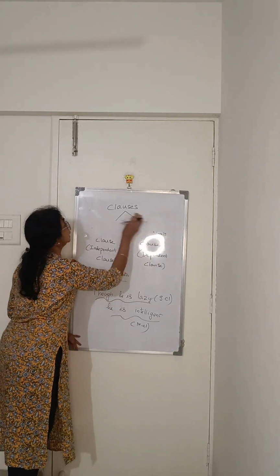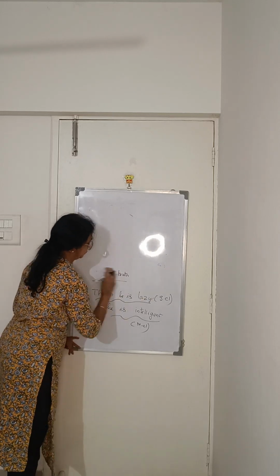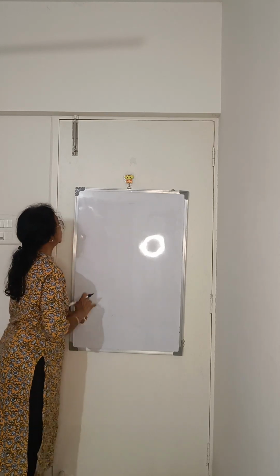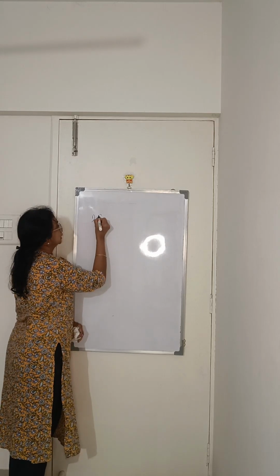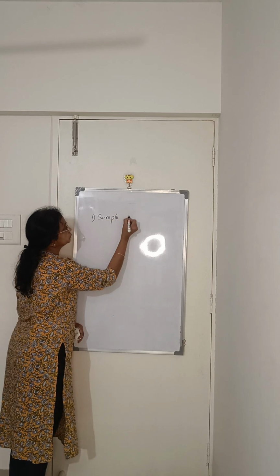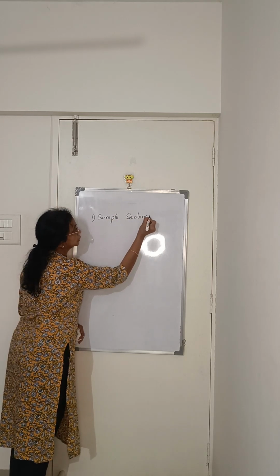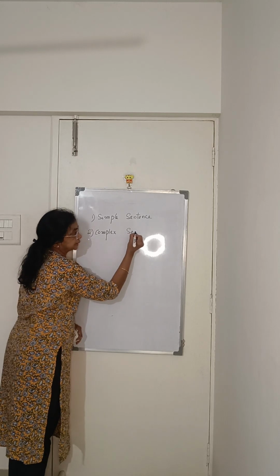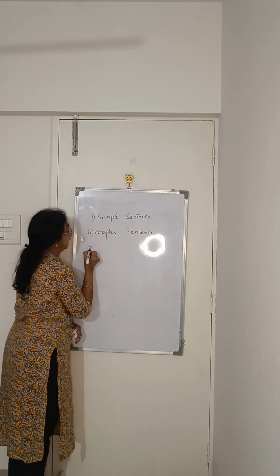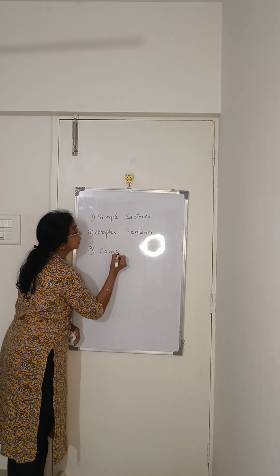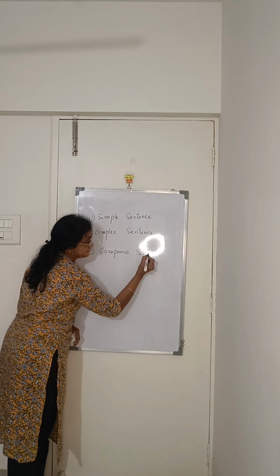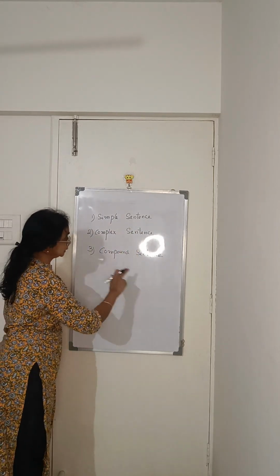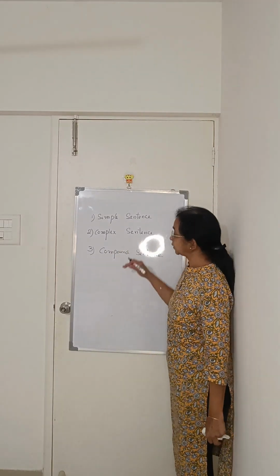Now, let's learn about sentences. There are three types of sentences: simple sentence, complex sentence, and the third one is compound sentence, based on the clauses.